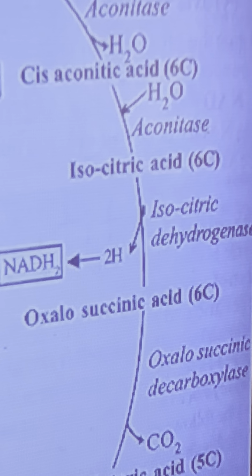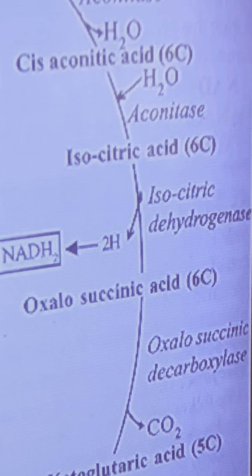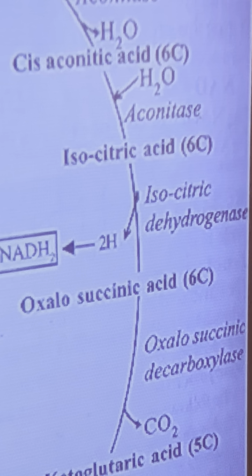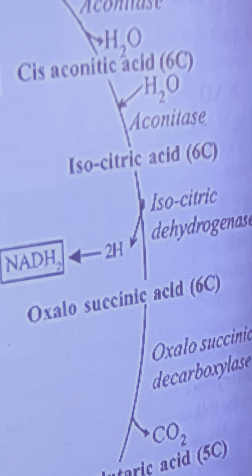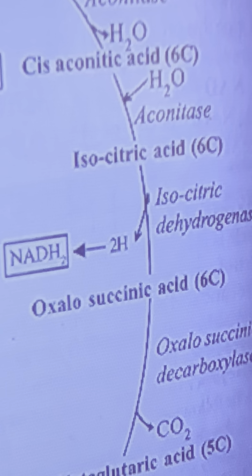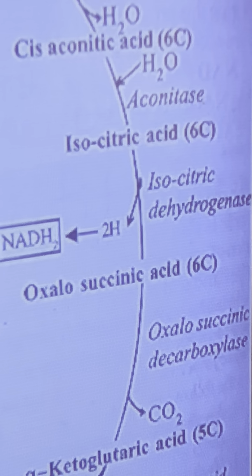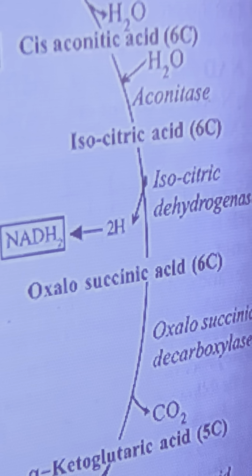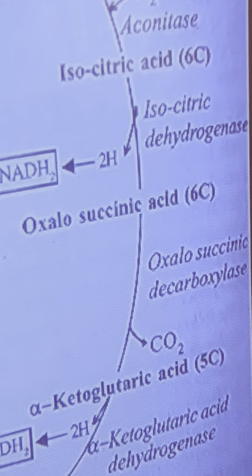Later isocitric acid is converted into oxalosuccinic acid. Here the enzyme isocitric dehydrogenase is involved, and from this reaction NADH2 is liberated. So this oxalosuccinic acid is also a 6 carbon containing compound.